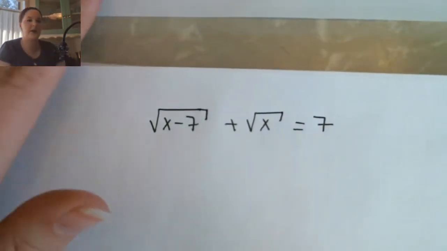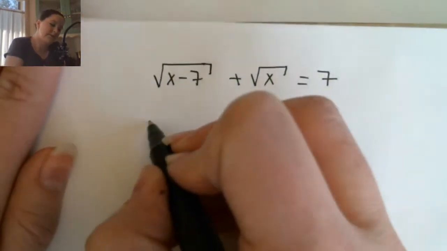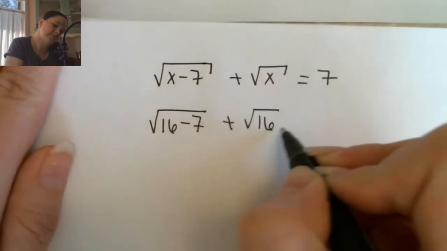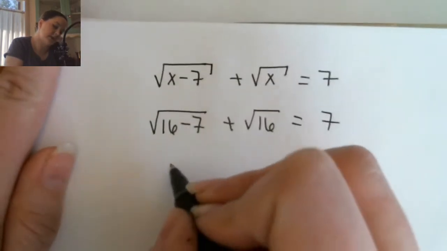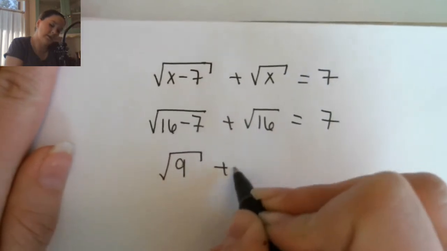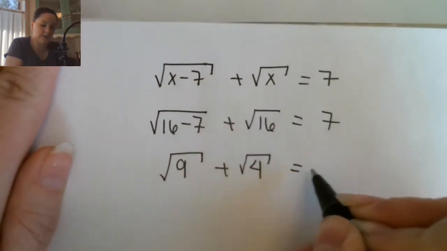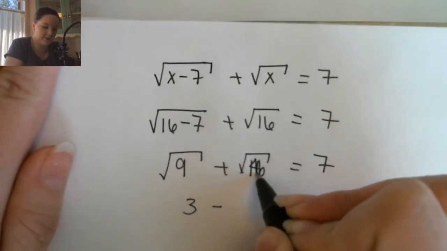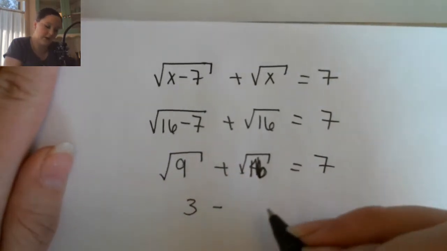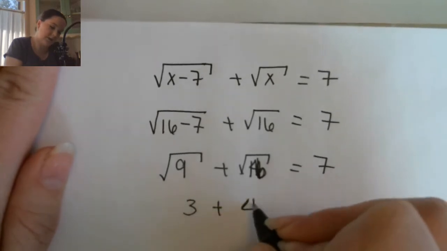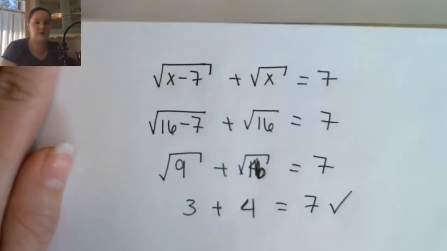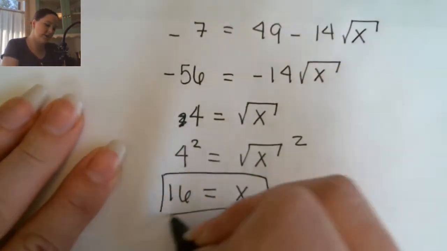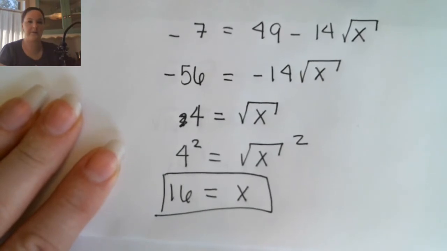I'm going to plug in x equals 16. So 16 minus 7 is 9. Oops, got a little ahead of myself there. 3 plus 4 equals 7. That's true. So what that means about our solution is this is really the solution to that equation.